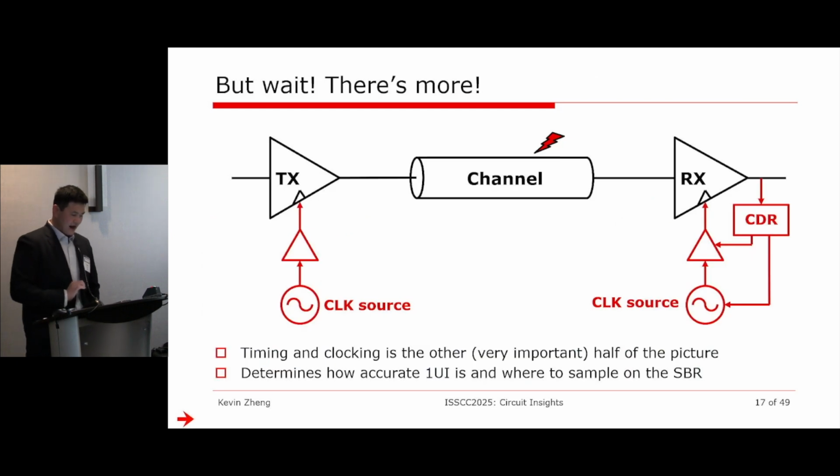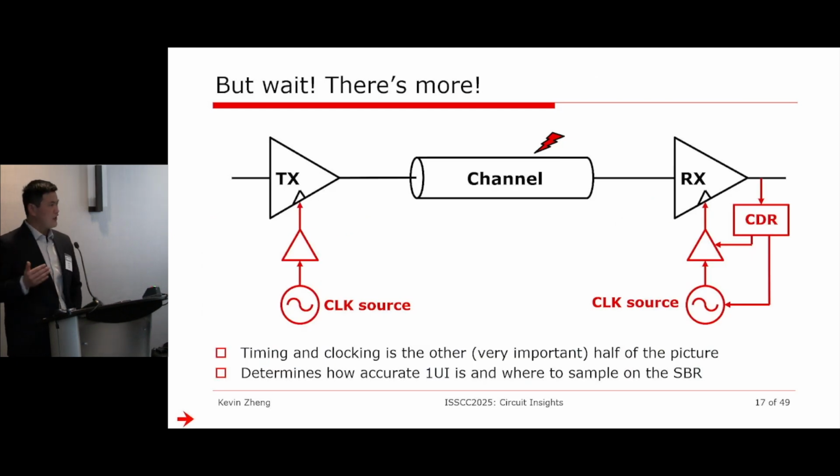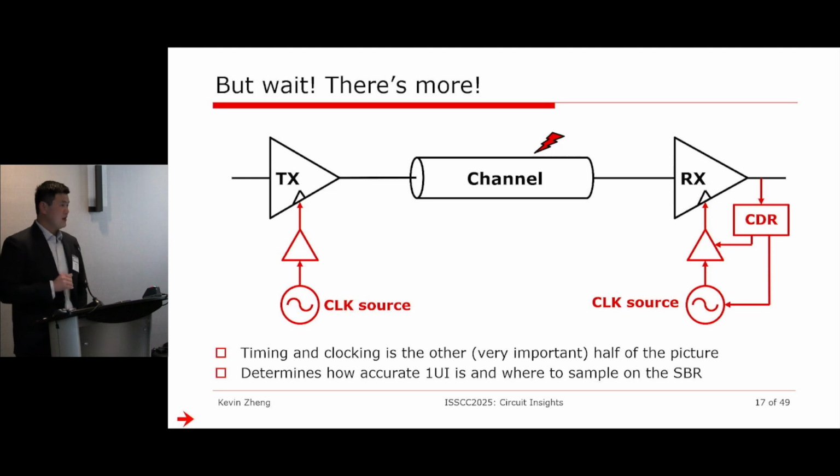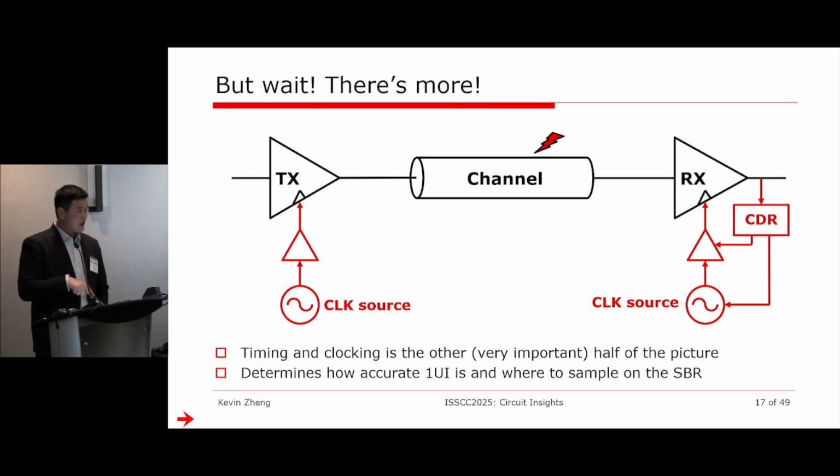With that said, I do want to highlight this picture. There's actually the other half of the wireline link that I won't be talking about today, but it's equally important, which is related to time. Remember how we looked at some sticks in the single bit response? Those sampling points, or how reliably I sample at those points, is determined by these red blocks related to clocking.